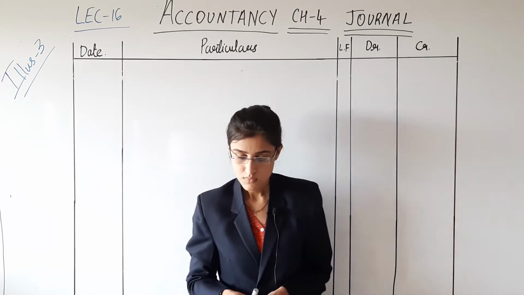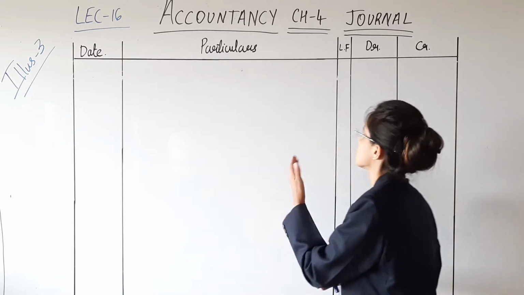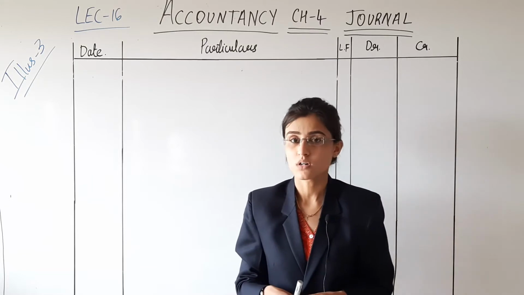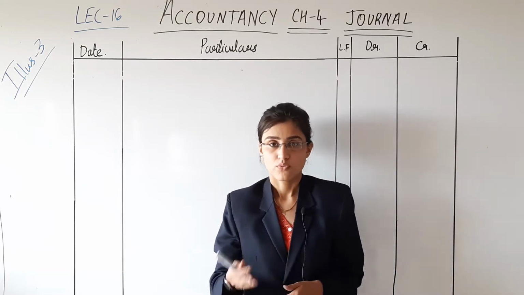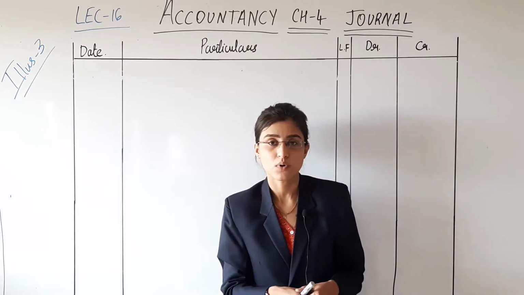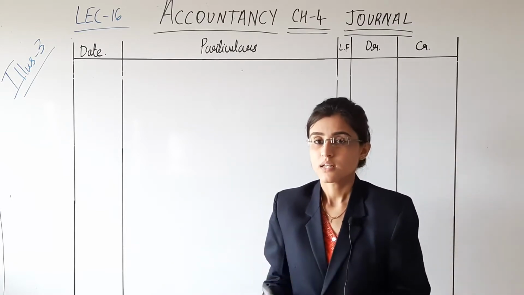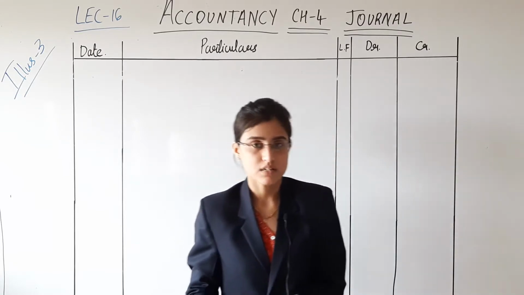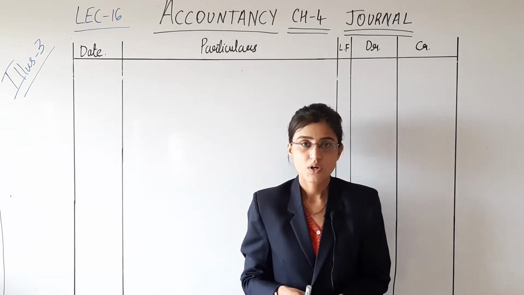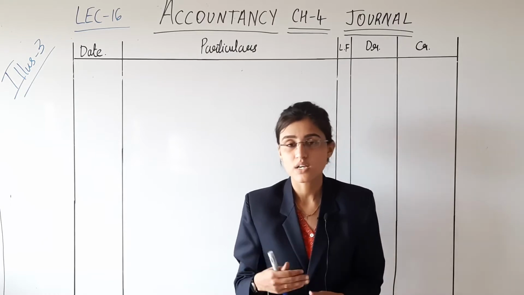Alright. So, it is chapter 4 journal as per new textbook. In case you are using the old version of standard 11th textbook, then it is chapter 3, but it is advisable that you should use the new textbook only, because it is updated with GST.